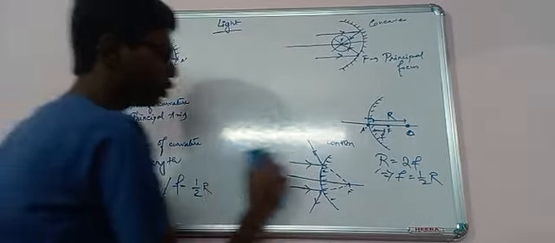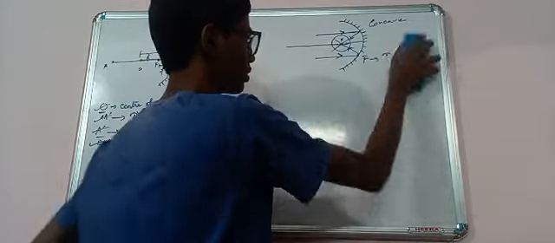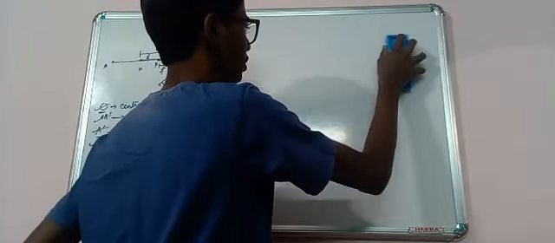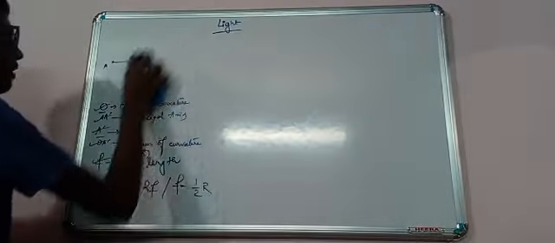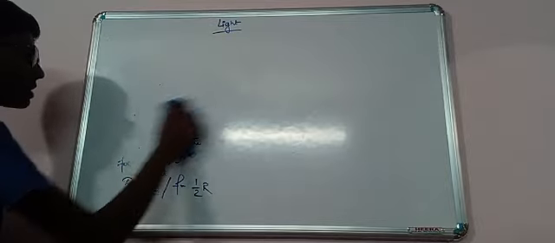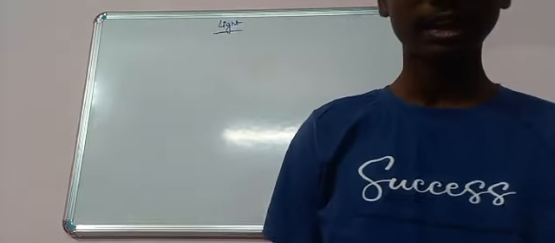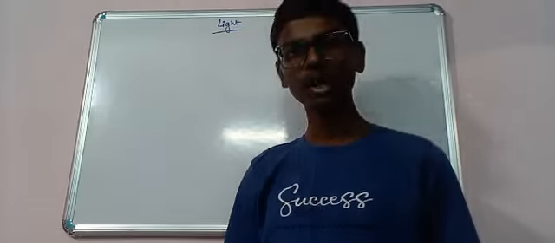Now coming to the 4 rules. The first rule I have already said. Light rays parallel to principal axis always converge in case of concave and meet at the focus, and in case of convex they will diverge, but it will appear that it is coming from the focus.